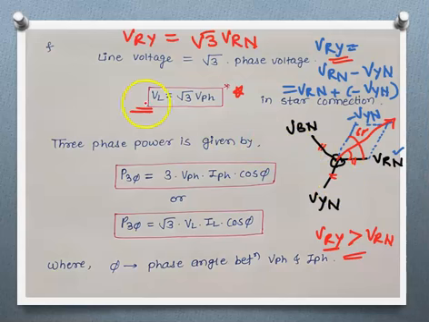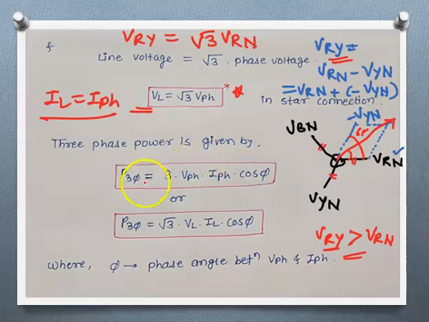Okay, so we have got the relation between line voltage and phase voltage, and line current and phase current also. This is IL equal to IPH. These are two important relations in case of star connection. Now the three-phase power is given by, we know that power is VI cos phi. AC power is given by voltage into current into cos of the angle between voltage and current.